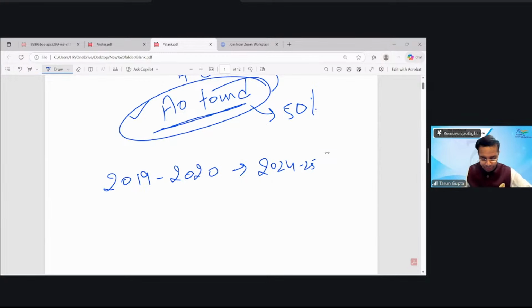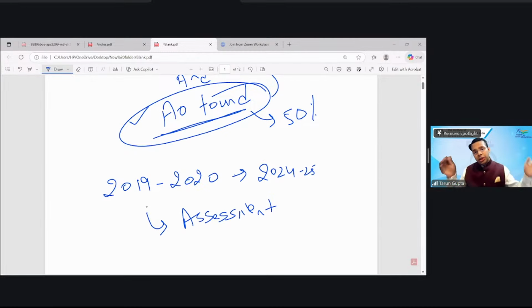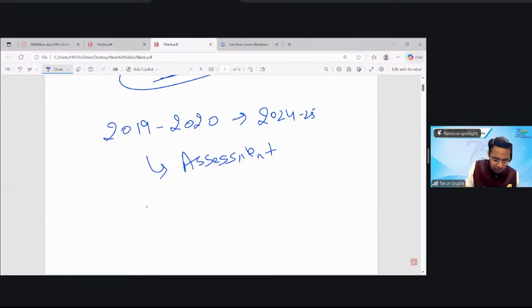Now it may happen that for some of these years, the assessments may be pending under other sections, section 143(3), 144, or maybe pending in respect of some of these years. It may happen that for previous year 22-23, an assessment may be pending under section 147.